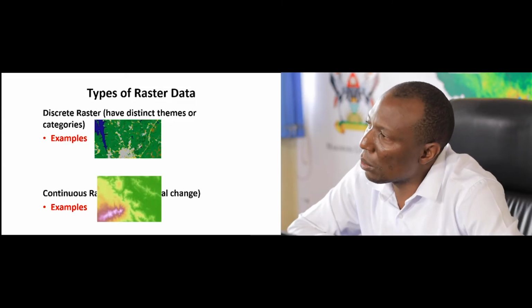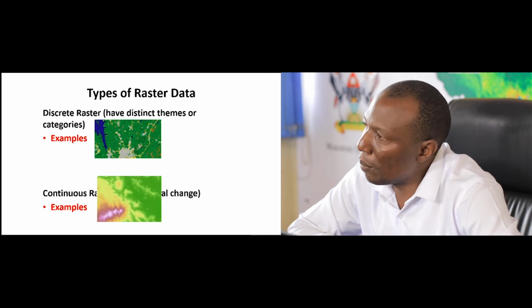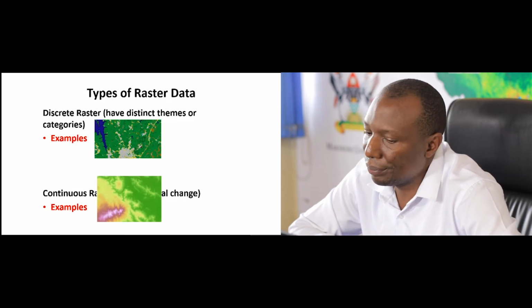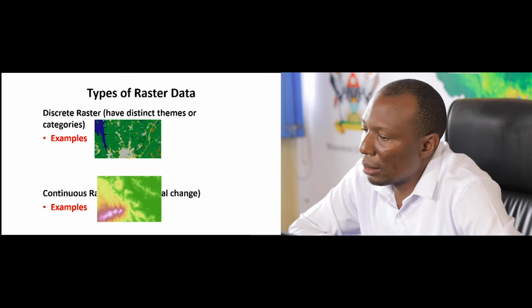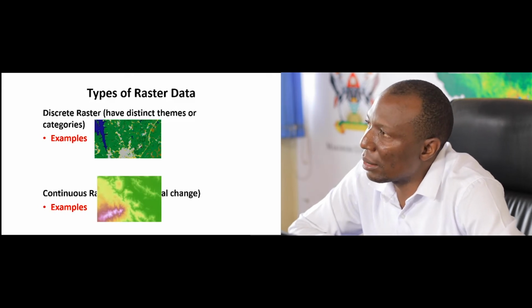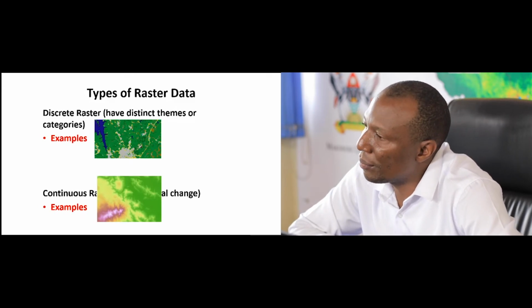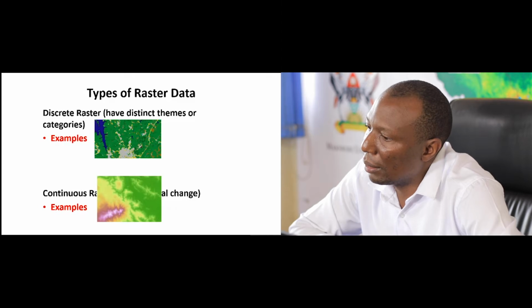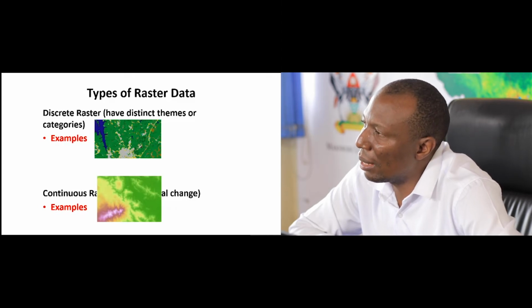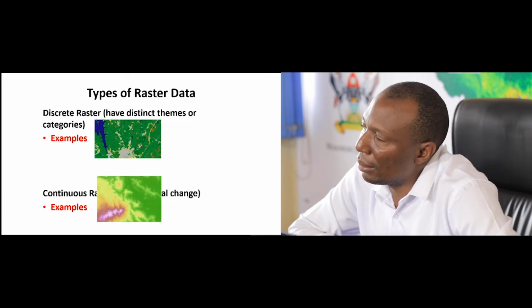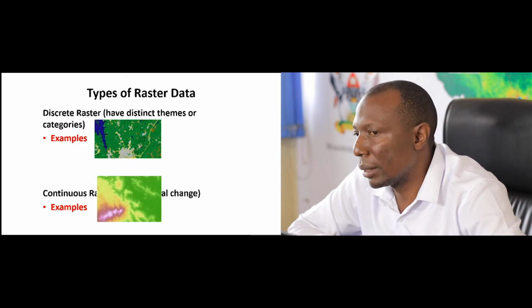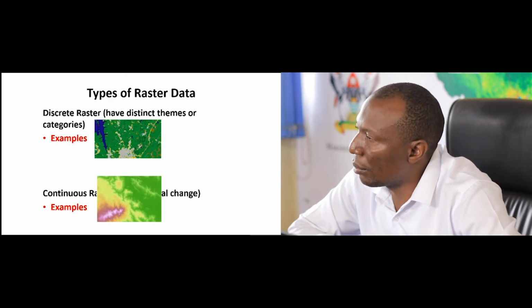Now, these rasters also come in different formats, especially, for example, the elevation. Sometimes when we receive datasets, we get them as Geotiffs. Geotiffs are different data formats that we get. You can get these rasters in different ways.